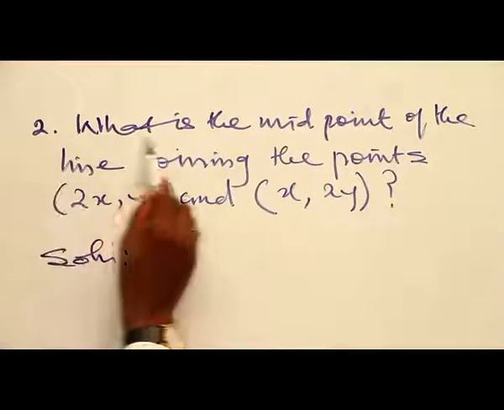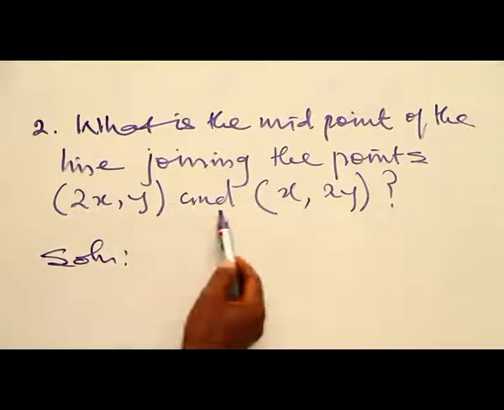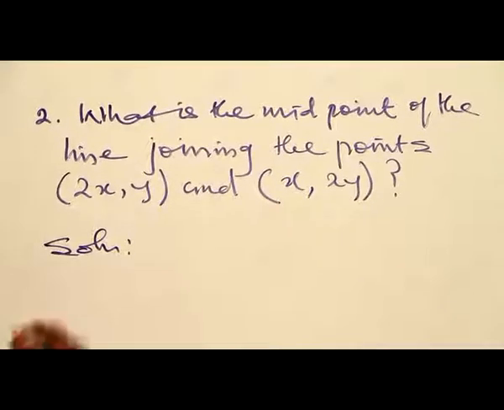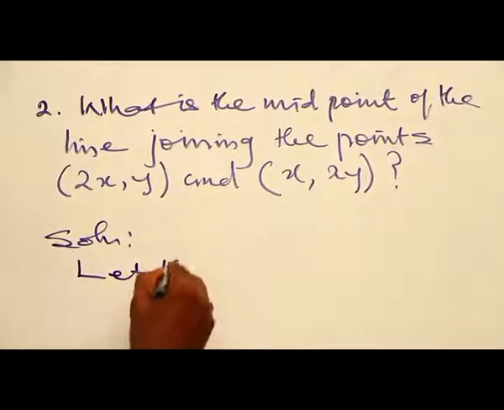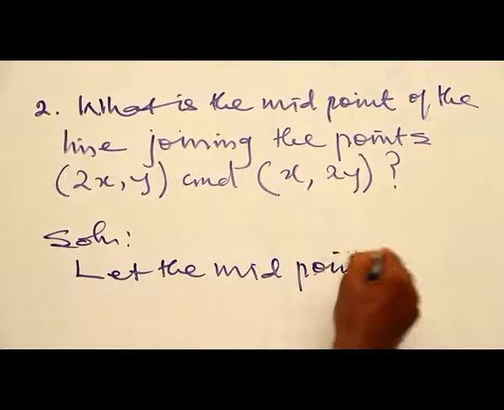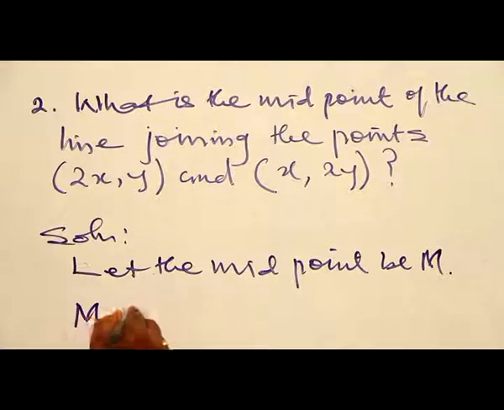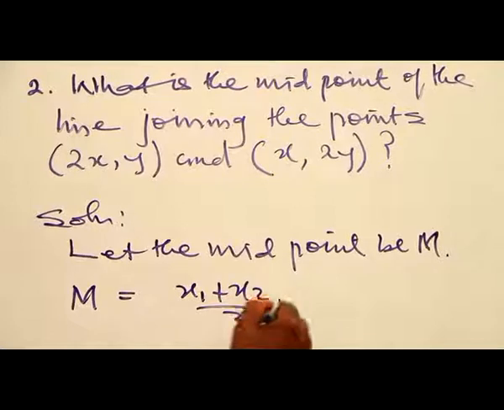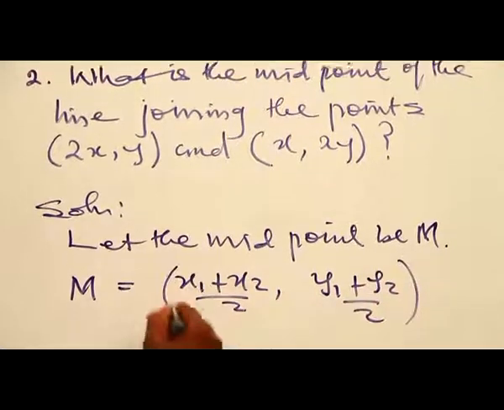Example number 2. What is the midpoint of the line joining the points (2x, y) and (x, 2y)? Solution. Let the midpoint be M. So our M will be equal to (x1 plus x2) all over 2, (y1 plus y2) all over 2.